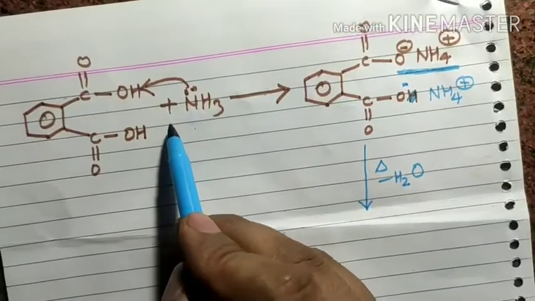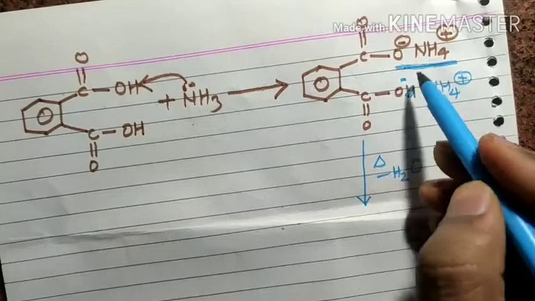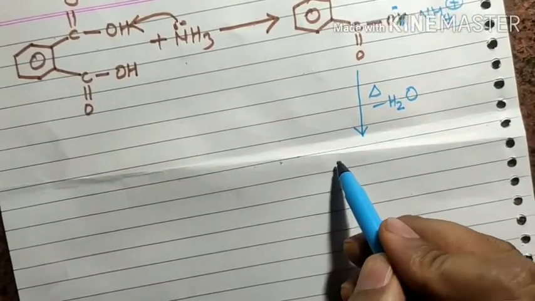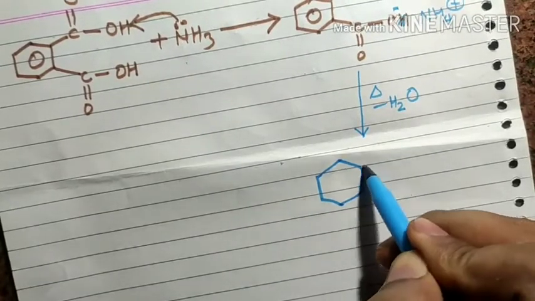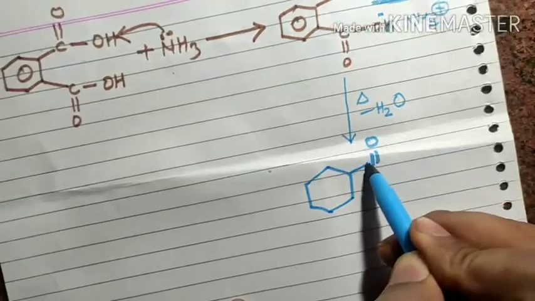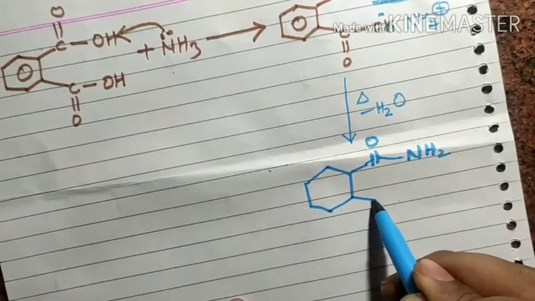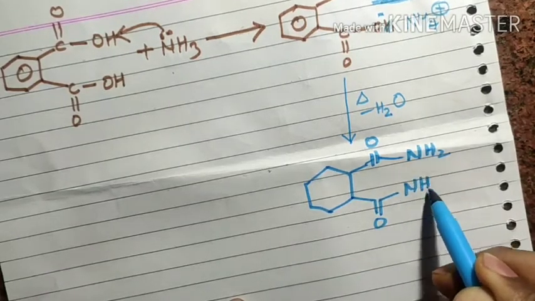How does this occur? You know the arrow mechanism. So the ammonium salt, after heating, both carboxylic acid groups change into the amide here: double bond O and NH2, and double bond O and NH2.